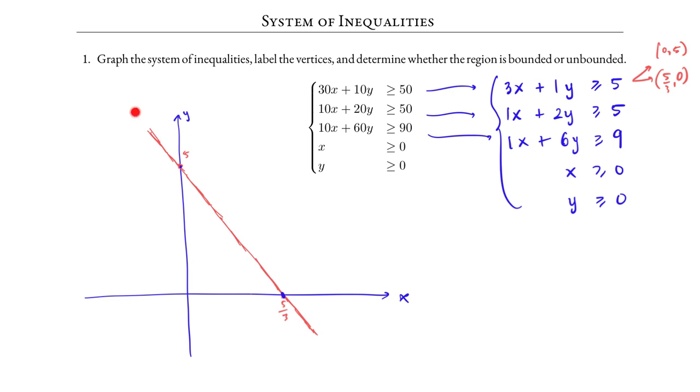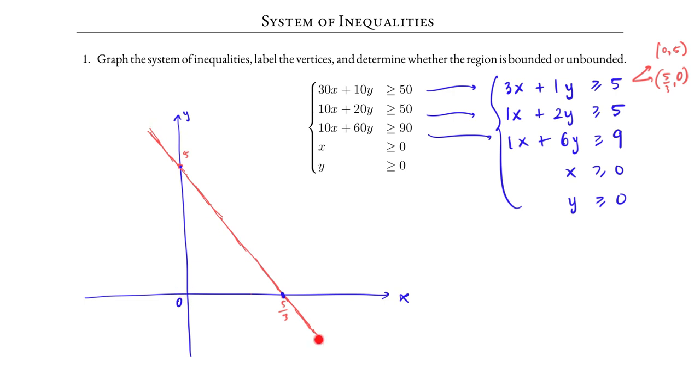This line separates the plane into 2 halves, one on the left hand side or below the line and one on the right hand side above the line. Picking any arbitrary point that is not on the line, such as the origin where the x-coordinate is 0 and the y-coordinate is 0, we test to see if the origin is in the solution region. 3 times 0 plus 1 times 0 is 0. 0 is not greater than 5, and so this point is not included in the solution region.